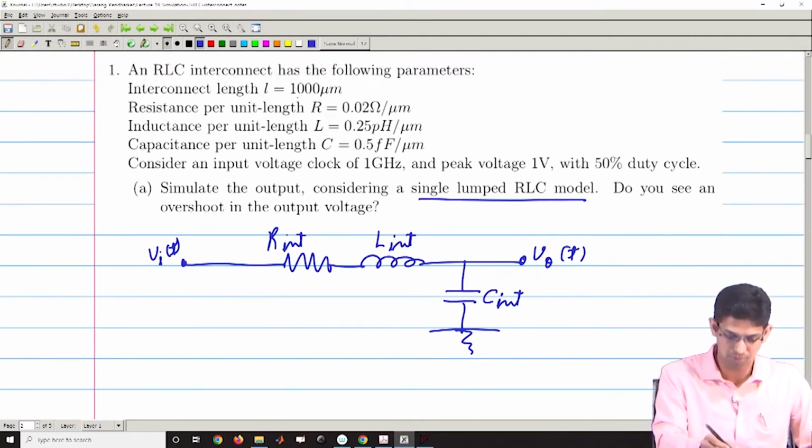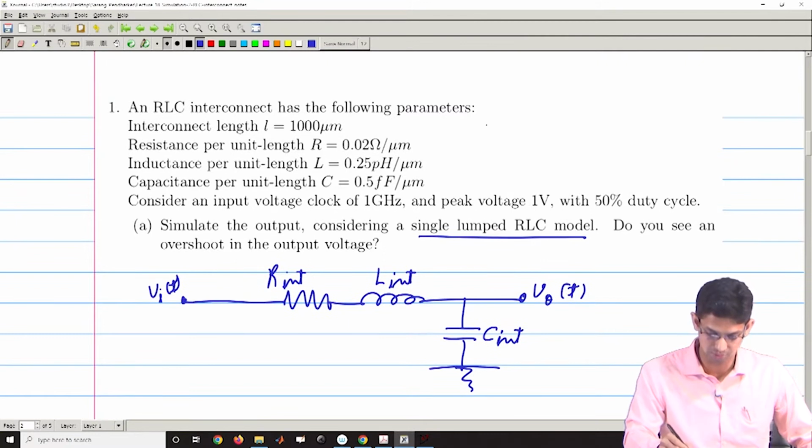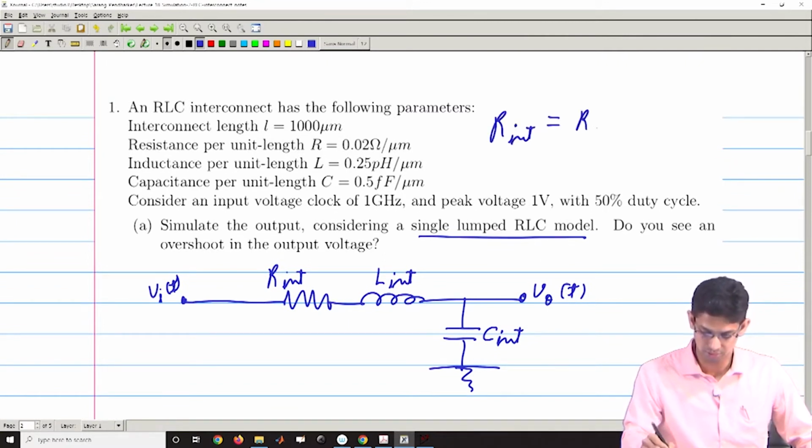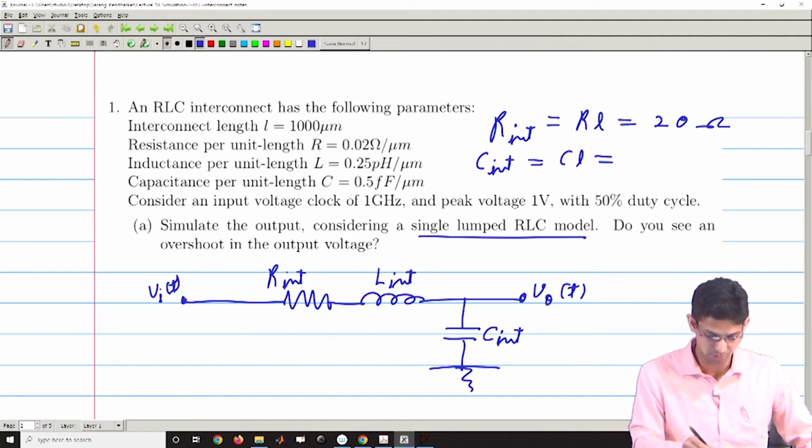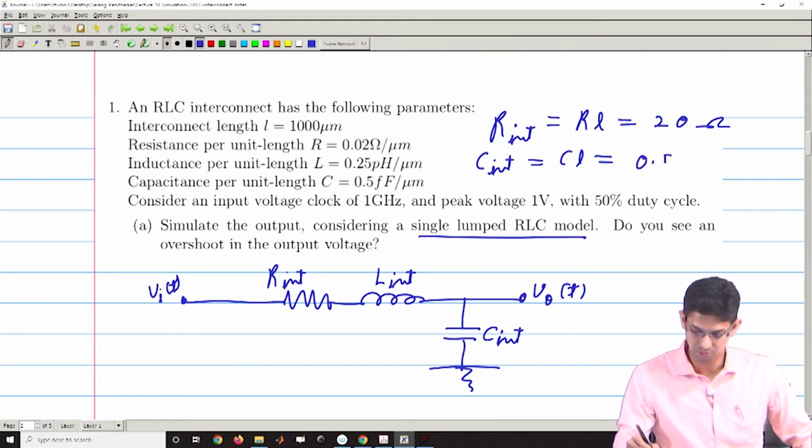Based on these parameters we can find my R interconnect, that is R into L. So, I can get this as 20 ohms. My C interconnect is C into L, and if I multiply this with femtofarad and 1000 micrometer, this will be simply 0.5 picofarad.